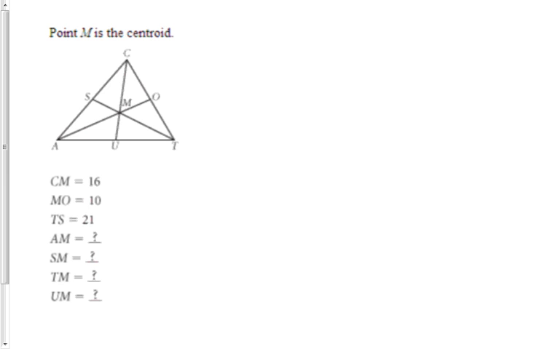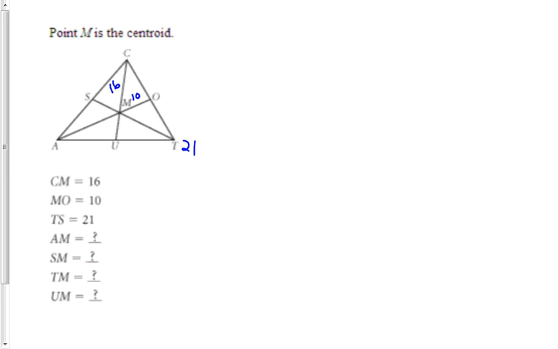So let's label CM is 16, MO is 10, and TS is 21. I'm just going to put the 21 out here, because we have to remember that it's for the whole thing, TS. So now they're asking us, what is AM?